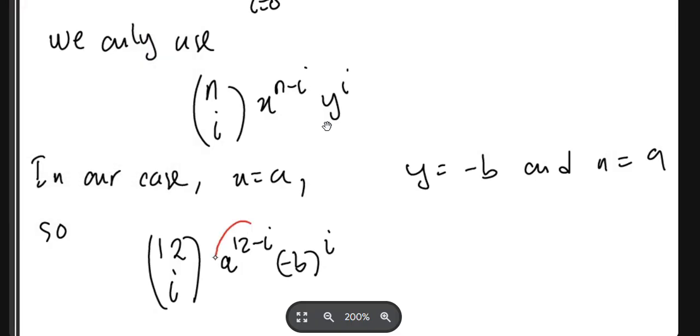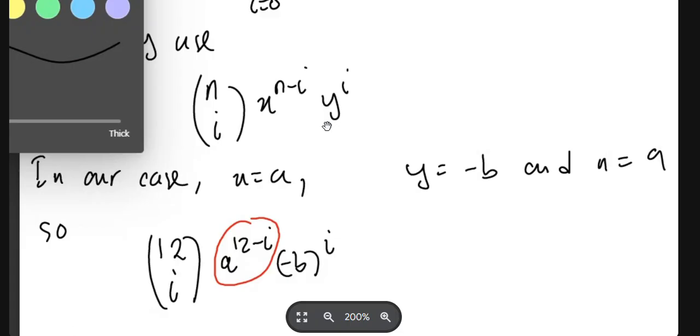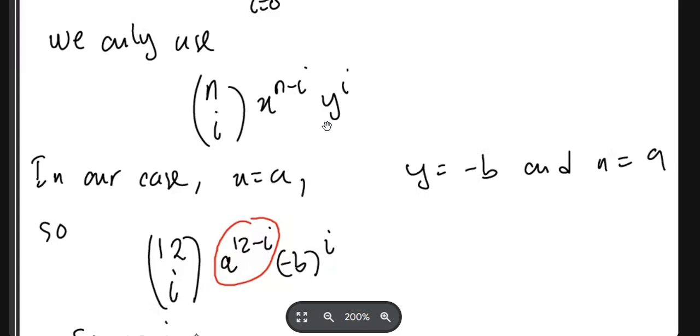Okay, we want the power to be 3. So what value of i can make the power 3? That's a question you're asking. So 12 minus i must be equal to, oh, not 12. My apologies. It's 9. n is 9, sorry.